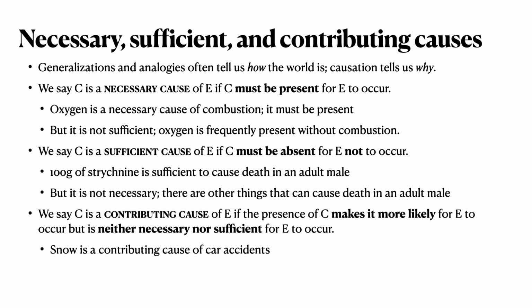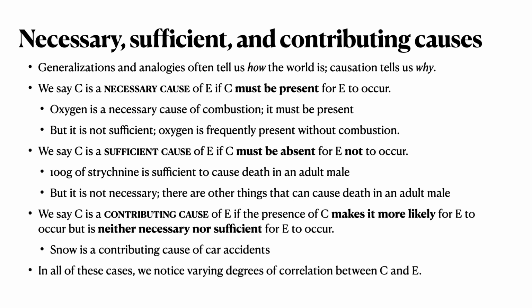Now, in all of these cases, we notice varying degrees of correlation between C and E. That's what makes us suspect a causal relationship in the first place. And yet we know that correlation is not causation, right? However strongly you feel about it, the fact that your team won the last 3 home games is not because you wore your lucky socks.